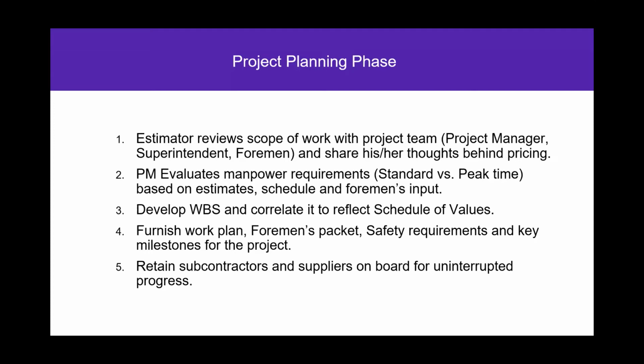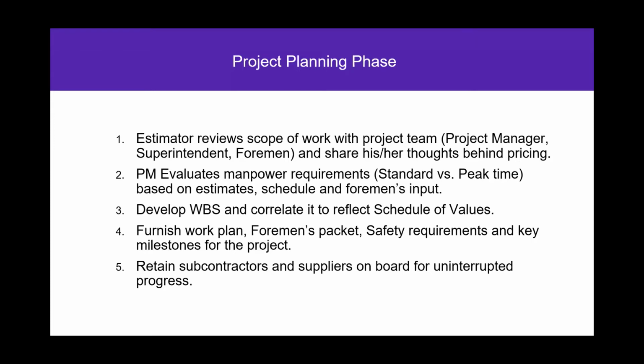The estimator shares his thoughts on the way he bid it. Then the project manager evaluates the manpower requirements, the standard time, what's my regular crew and what's my peak-time crew, based on the estimate schedules and the input from the foreman.